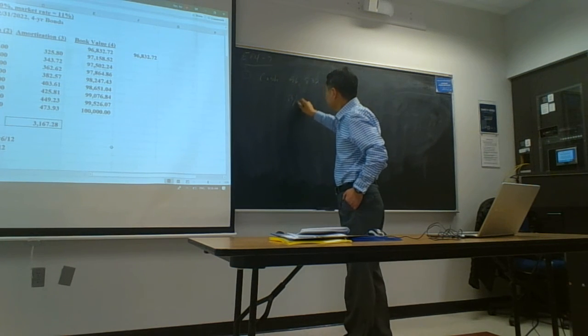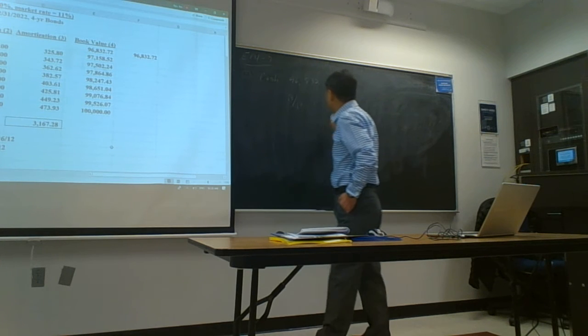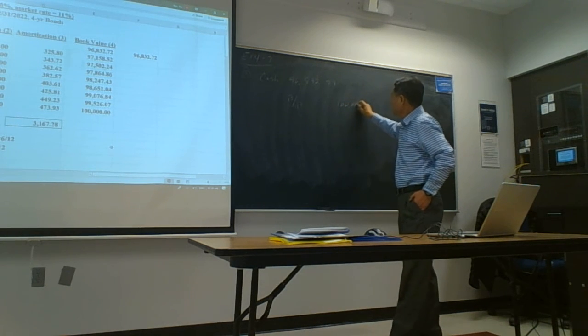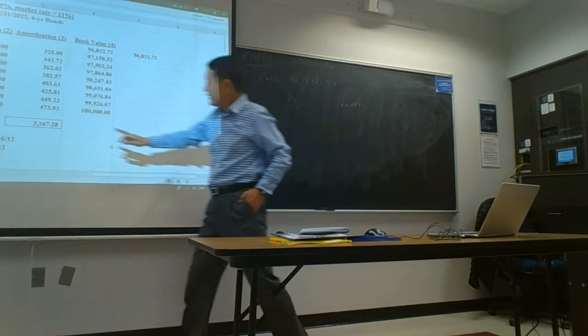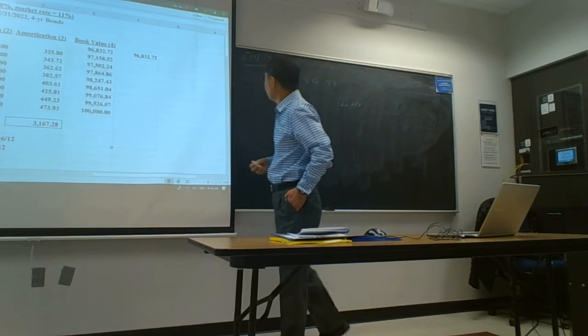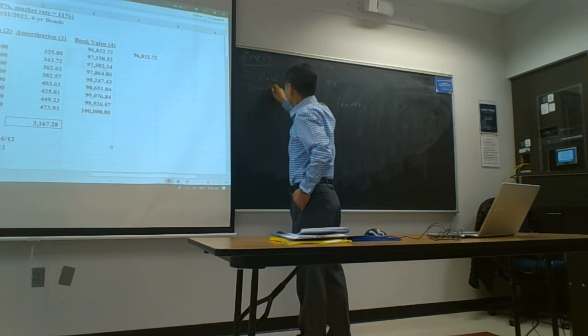Bonds payable, always at face value, is 100,000 face value. And the difference between these two must be this, 3,167.28, discount on bonds payable.